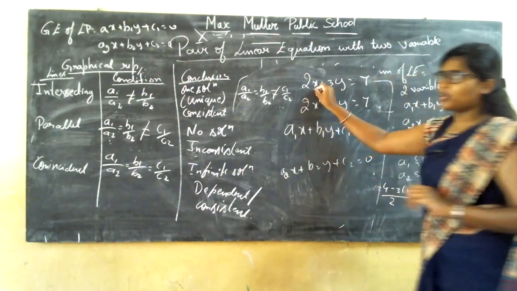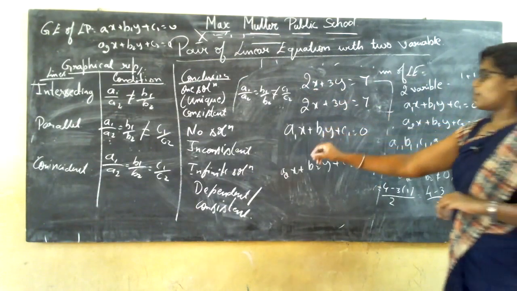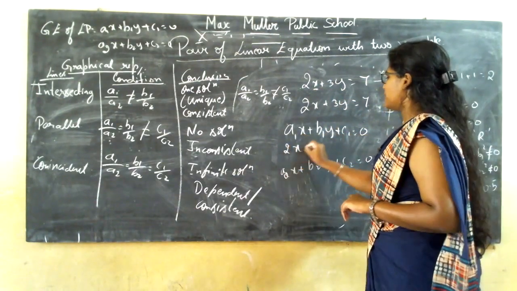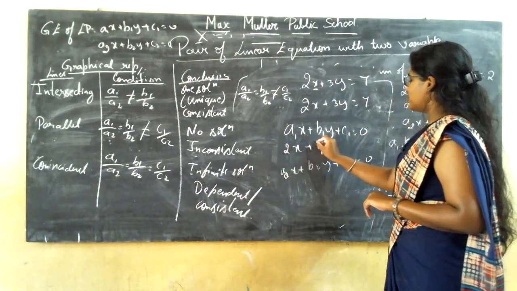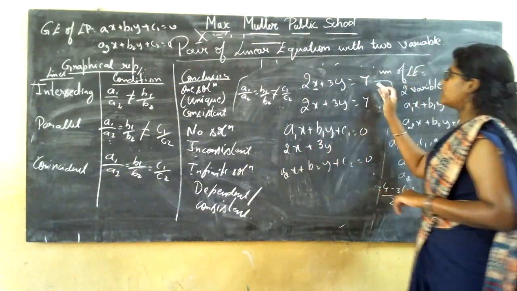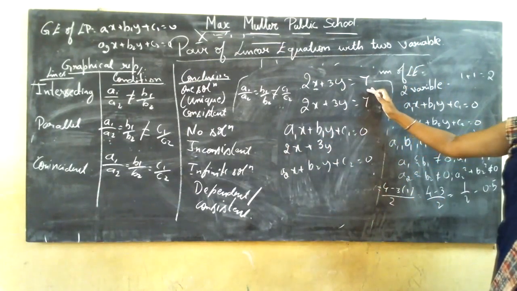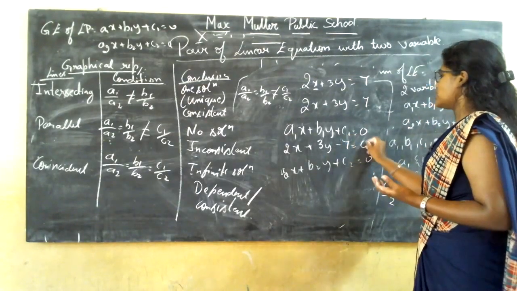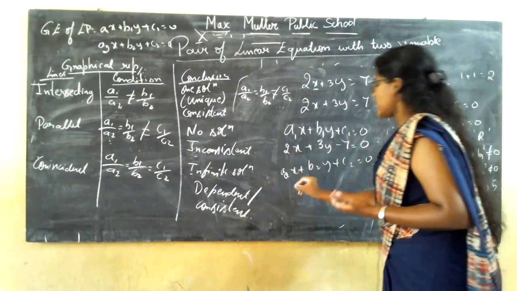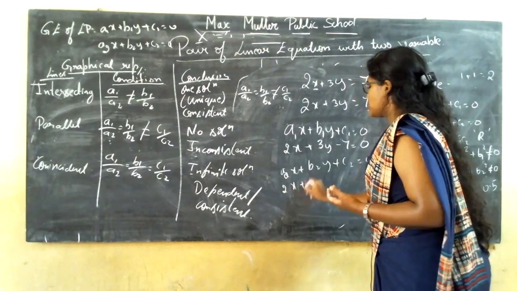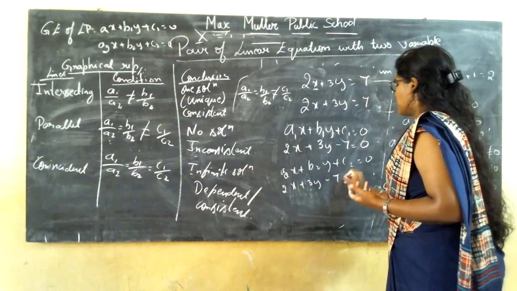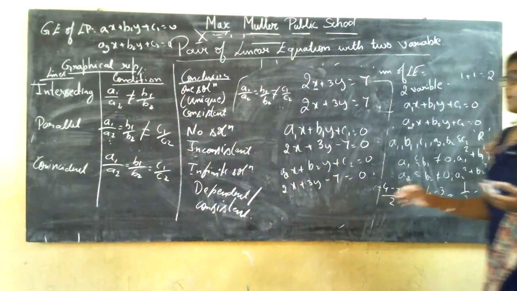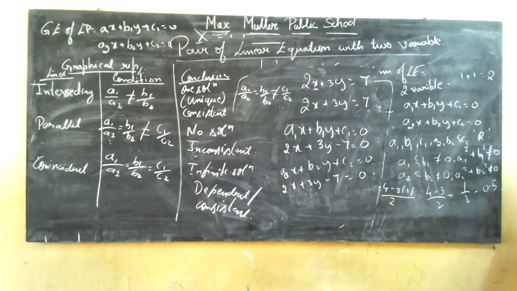Then whatever the value you have with the x term, you replace with the same one, and the y term is 3y, and the constant on the right hand side you need to shift to the left hand side. If you shift it to the left hand side, it is minus 7. The same equation will be written for the second one also. Now what is the next thing you are going to see?